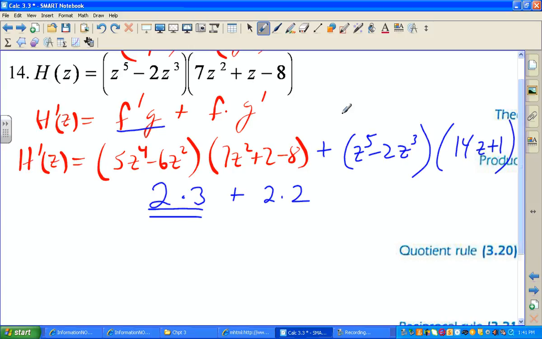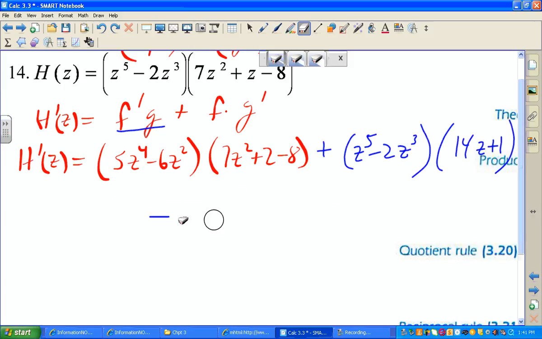But if you have a trinomial times a trinomial, you don't multiply it out. You just keep it as is, okay? When you're taking derivatives, also rarely do you multiply out denominators. Rarely do you multiply those out, so you keep those factored. So since this is a 2 times a 3, you don't have to multiply it out, okay? And if you're not going to multiply out the first one, you don't have to multiply out the second one either, okay? So you can leave that as is, that's fine.